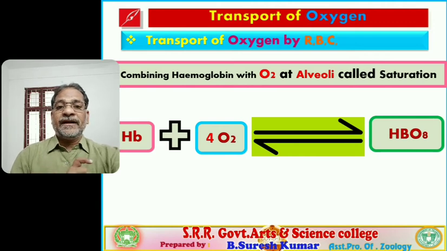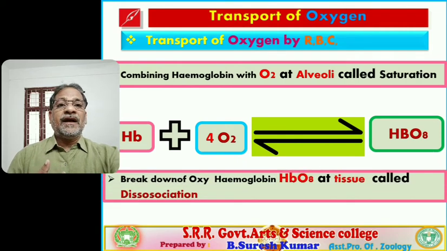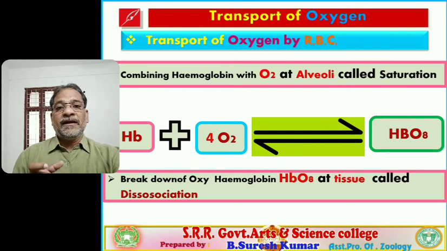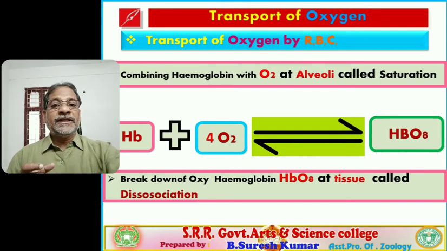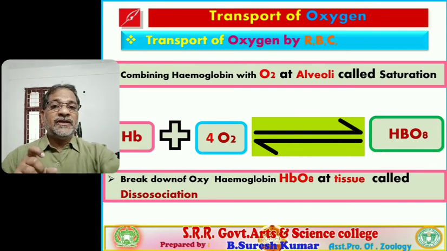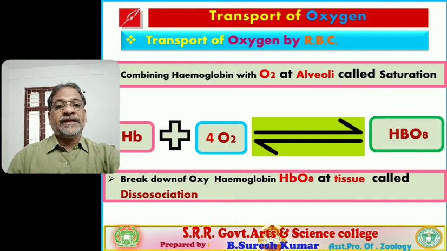It never remains as it is. It immediately undergoes breakdown and becomes oxygen and hemoglobin molecule in reverse fashion. So it is a reversible reaction; the breakdown of oxyhemoglobin at tissue is called the dissociation process. So saturation and dissociation are reversible reactions.